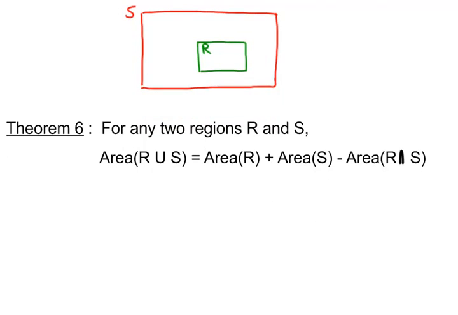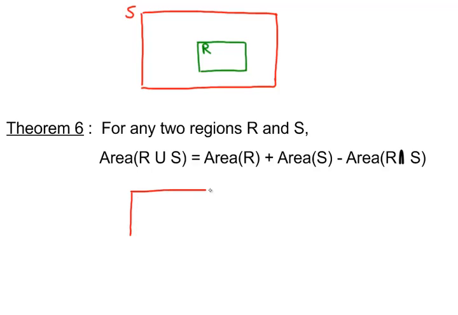Theorem 6 says for any two regions R and S, the area of the union of R and S is equal to the area of R plus the area of S minus their intersection. Let's make a little bit of sense of this.